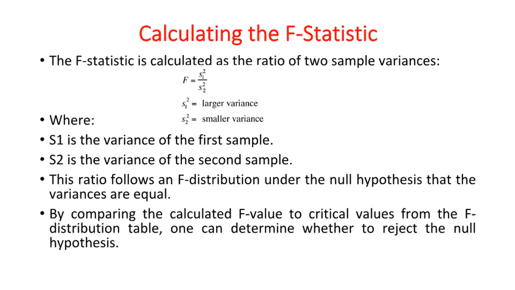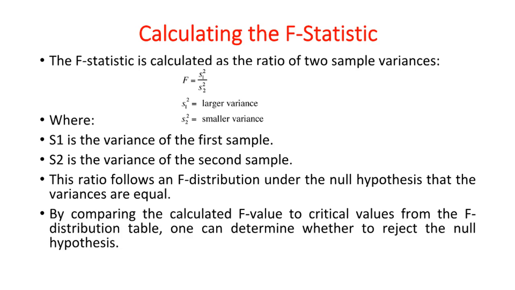Calculating the F-statistic. The F-statistic is calculated as the ratio of two sample variances, F is equal to S1 square divided by S2 square, where S1 is the variance of the first sample, S2 is the variance of the second sample.